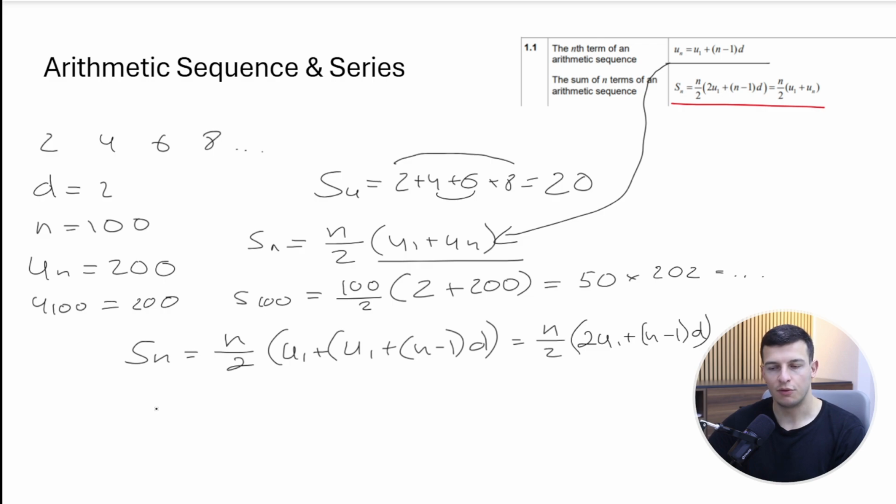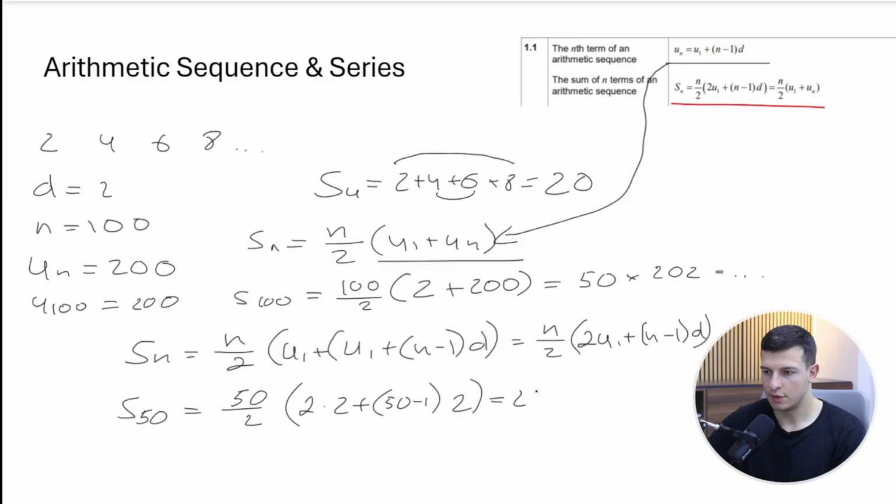Now, when is this formula useful? When you don't know what your un is. For example, let's say I'm looking for S50. So I will say 50 divided by 2. I know what my u1 is, so 2 times u1 is 2, plus (50 minus 1) times 2.